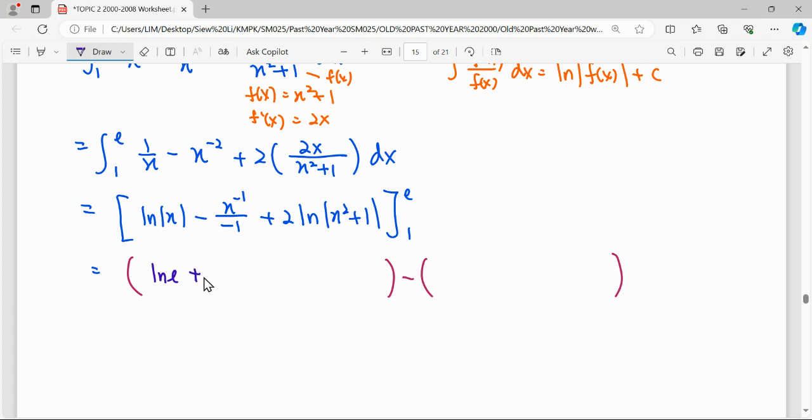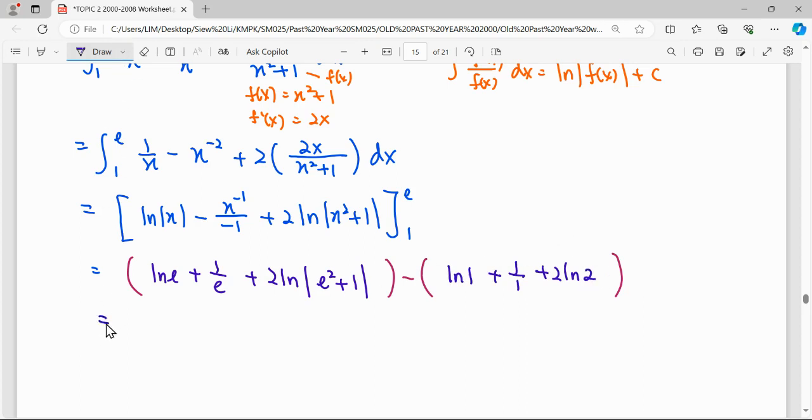Negative, negative, positive. Substitute 1, ln 1 is 0. Negative, negative, positive, 1 over 1, plus 2 ln 2.